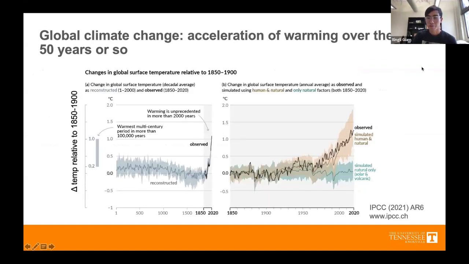All right. So we know that there has been an acceleration of warming over the past 50 years or so, from the news that we have heard and from the science that's been done. And we know that this global climate change is driven by human activities.